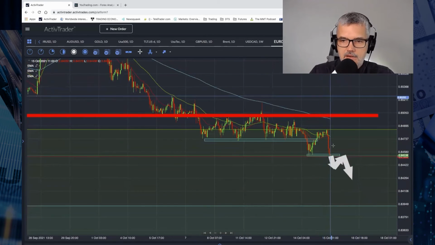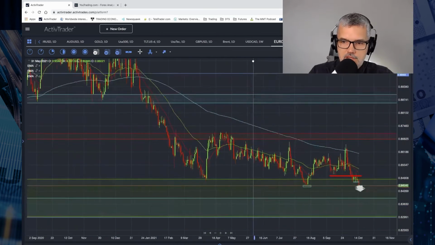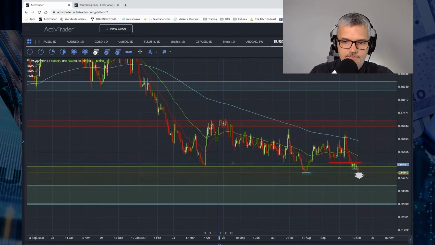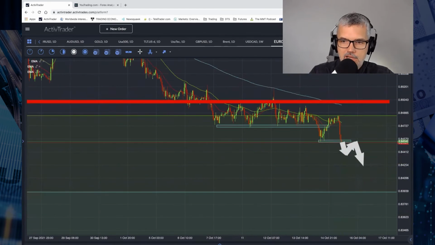So that's how I'm thinking we play this downtrend. We're just aiming to get as close to this double bottom as possible on the weekly chart. We're using the daily momentum and price action. And we're going to try and get in on an hourly chart so we can mitigate our risk.